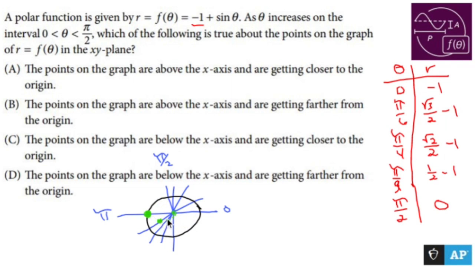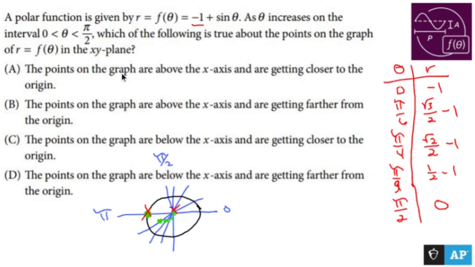What's happening, and it's really hard to tell because my picture is just not doing it justice, is first off, these endpoints don't count. But even if they did, it starts off at the x-axis, goes away, but gets closer to the x-axis. So as theta is increasing, my points are getting closer to the x-axis.